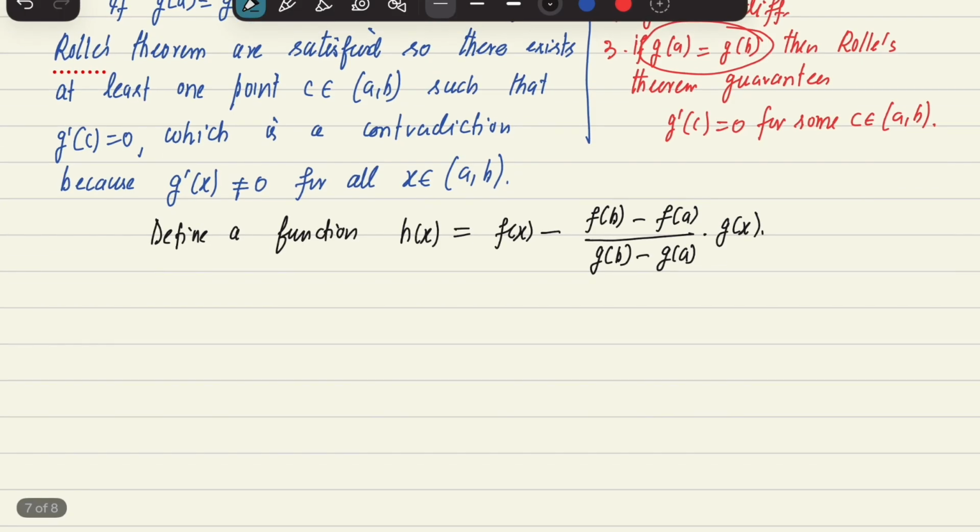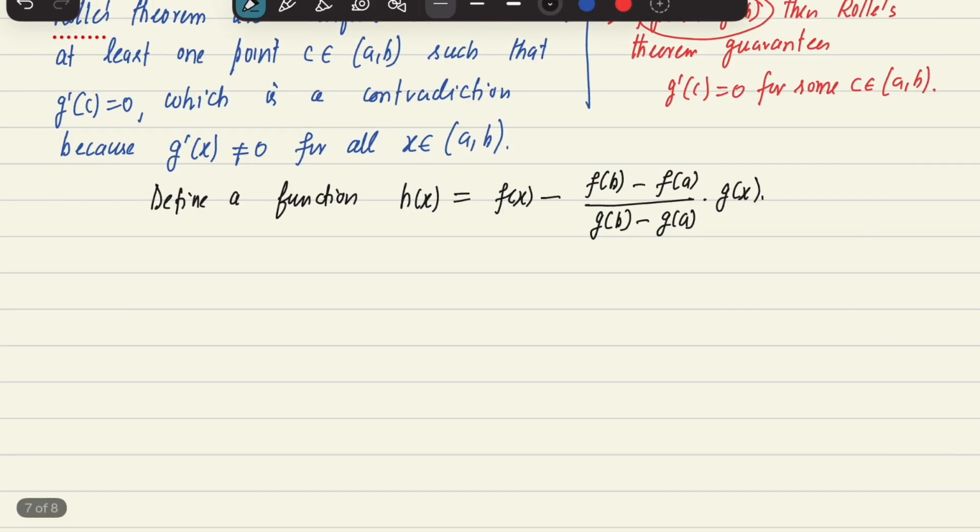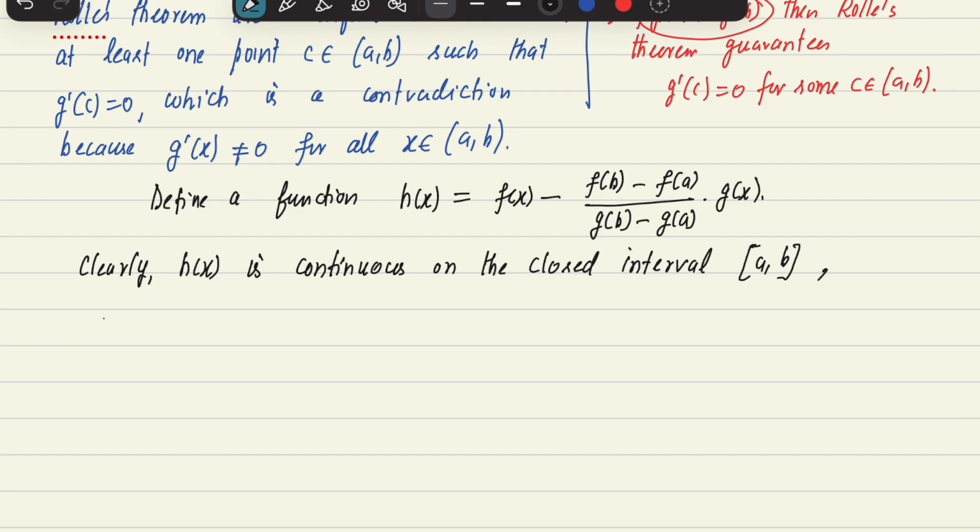This is how we define the auxiliary function for proving the Cauchy's mean value theorem. Clearly h of x is continuous on the closed interval a comma b and differentiable on the open interval a comma b. This is true because the function f of x is continuous as well as differentiable, and g of x is also continuous as well as differentiable.